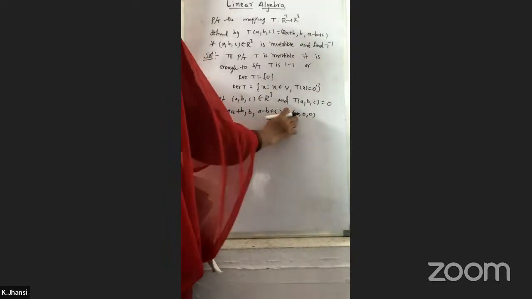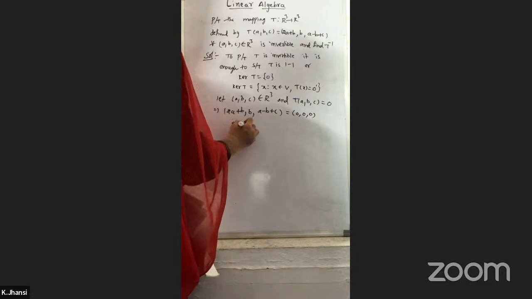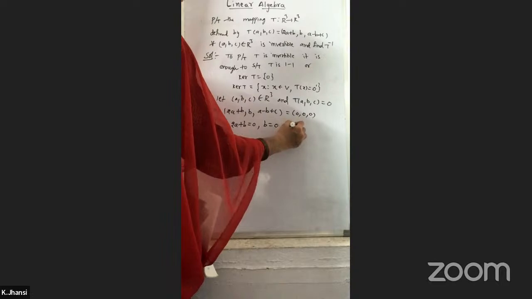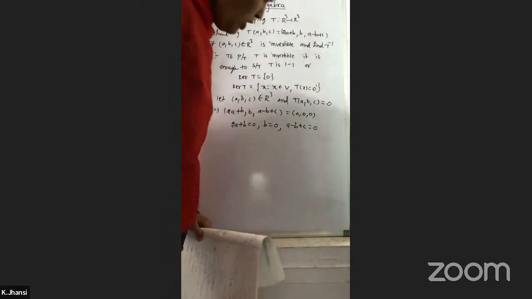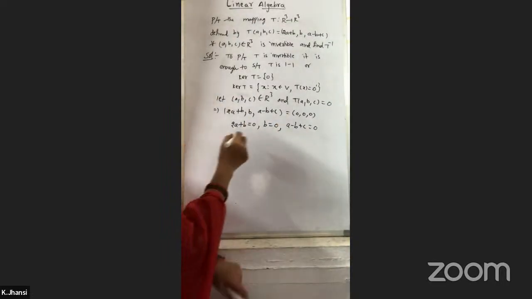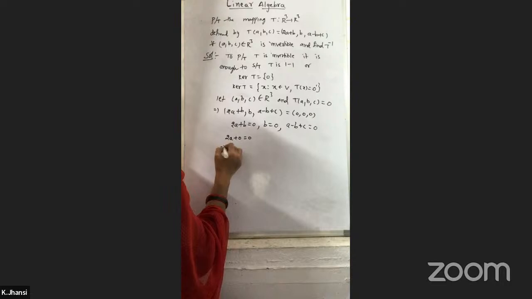Now you equate these elements. That is 2a + b equals 0. Second element, b equals 0. Third element, a - b + c equals 0. Now in the first one you substitute b value as 0, then you will get the a value. If you take b as 0, 2a + 0 equals 0, which implies a is also equal to 0.